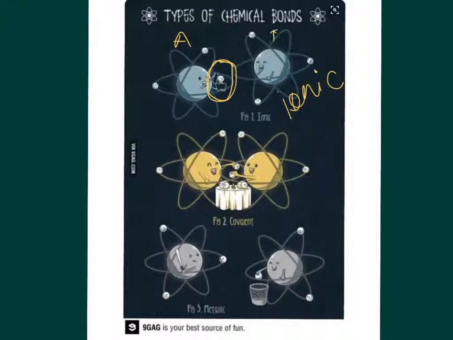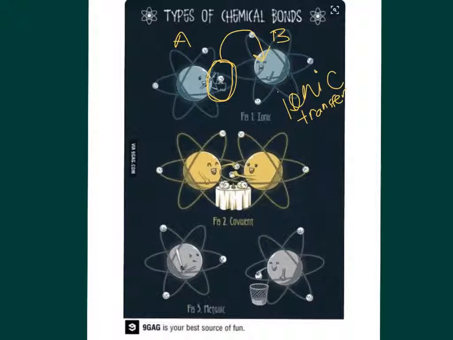And atom B over here has his mouth hanging open saying, ooh, I really, really do. So what's eventually going to happen is atom A is going to give it up to atom B, because an ionic bond is a transfer of electrons.